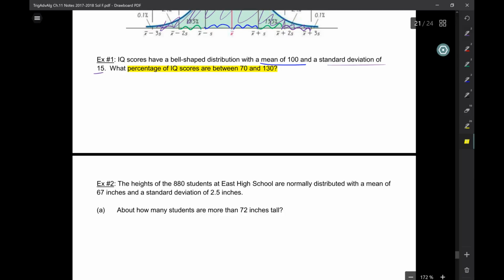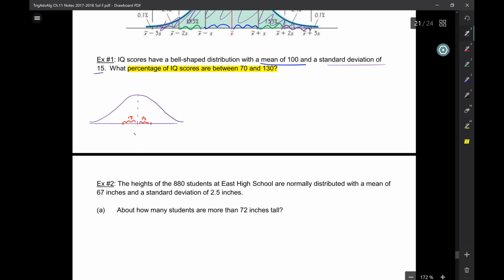All right, so here's how we do this. This is how the distribution looks. The mean is 100 and the standard deviation is 15. Okay? Now, if I go 15 over and 15 over, what points are those?